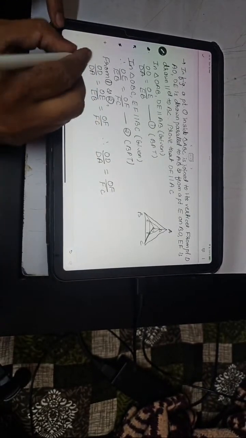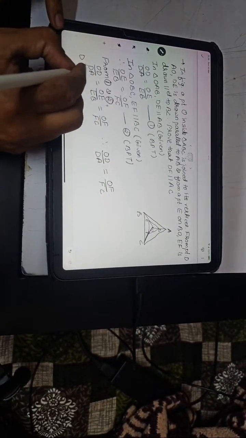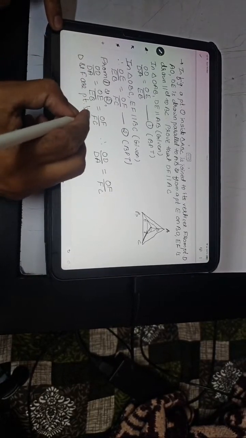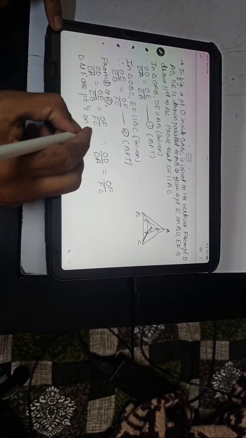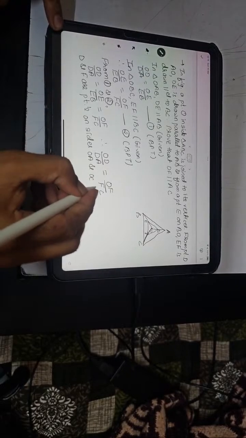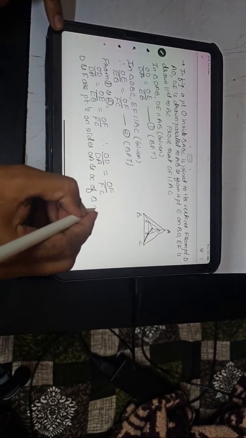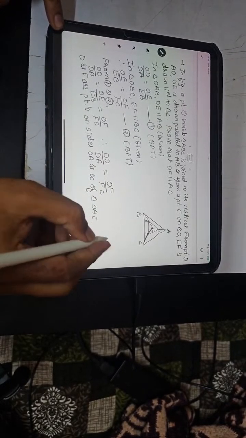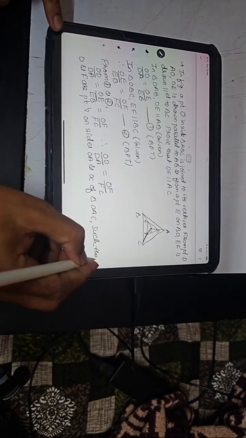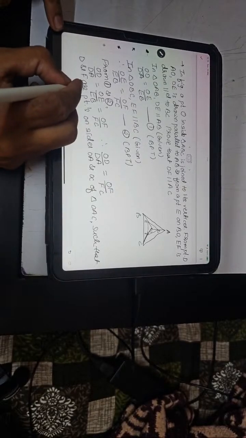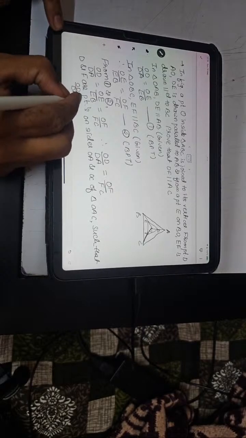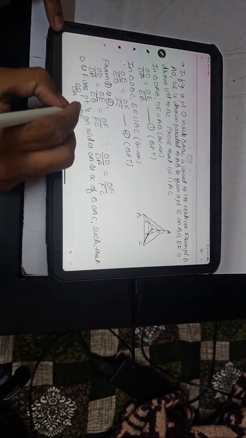So now D and F are points on sides OA and OC of triangle OAC such that OD upon DA equal to OF upon FC.